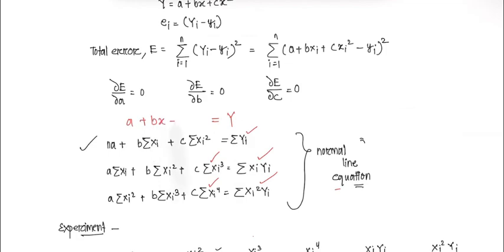This is nothing but squaring, so the sum of that value will be n, the next one will be sum of xi, and the next will be sum of xi square. The variables remain the variable. Got it, no?